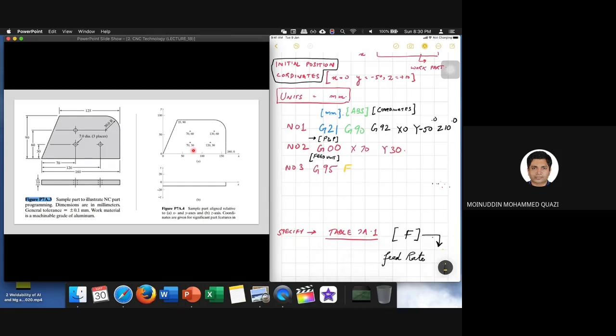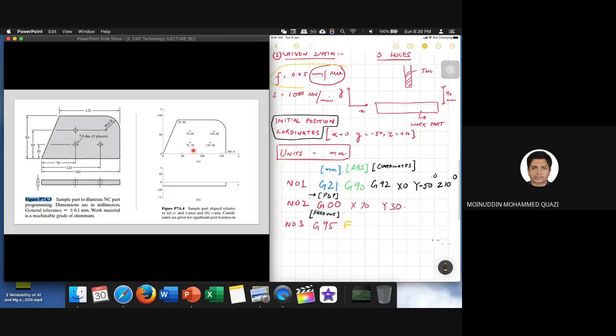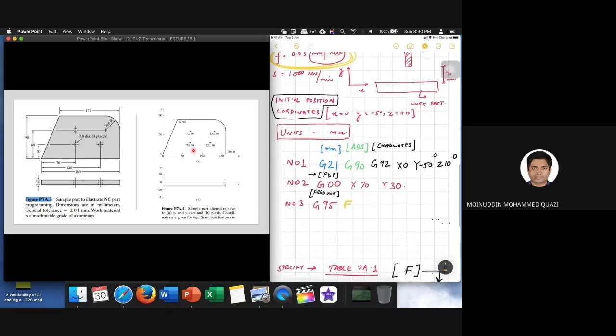How much is the feed rate? 0.05. 0.05 millimeter per revolution. Then I want to start the spindle, and I want to specify how much is the spindle speed.